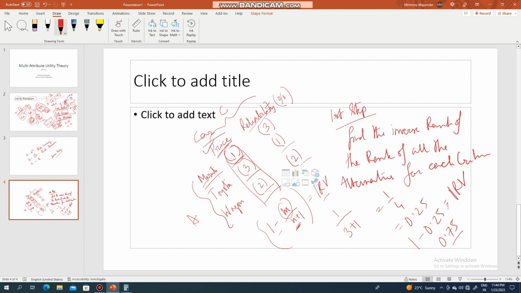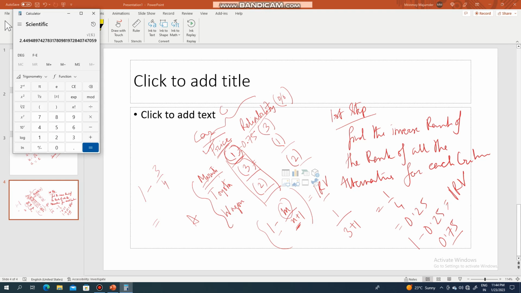So this one will be 0.75. This 3 will be actually 1 minus 3 by 4. So what is 3 by 4 if you calculate? This is 3 divided by 4.